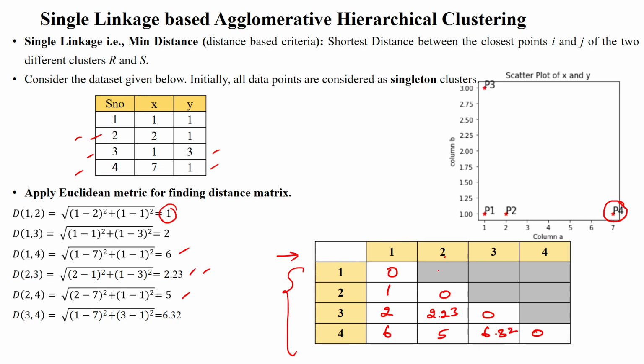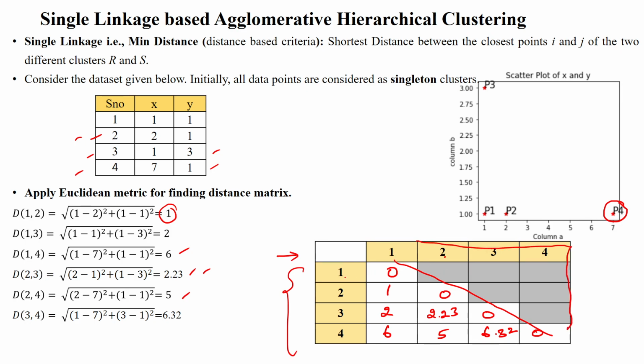This portion is called the diagonal values, and the part below is called the lower triangle. The upper triangle is a reflection of the same values.